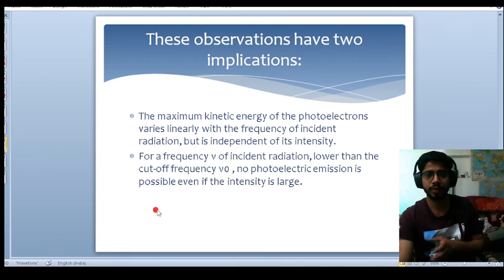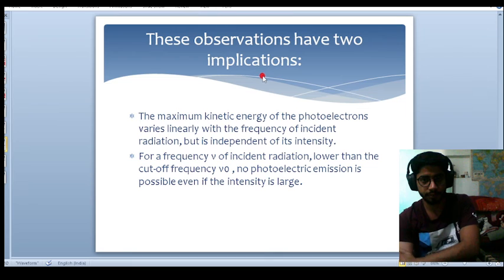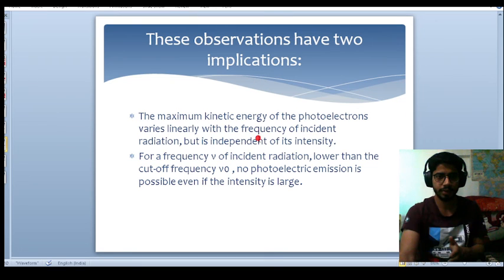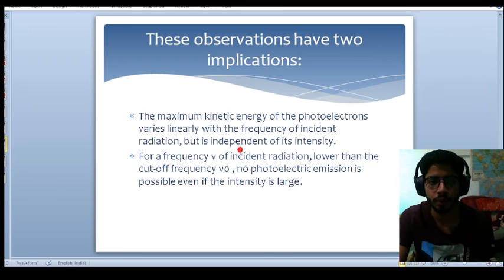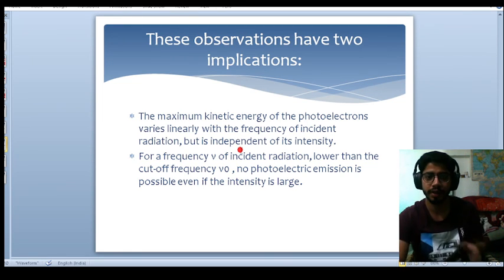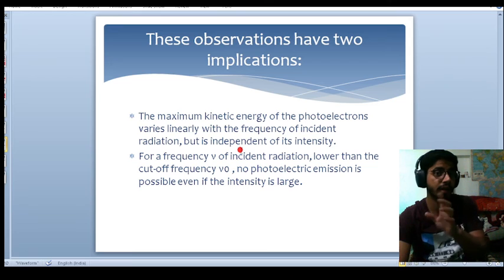These observations have two implications. The maximum kinetic energy of the photoelectrons varies linearly with the frequency of the incident radiation, but is independent of its intensity.